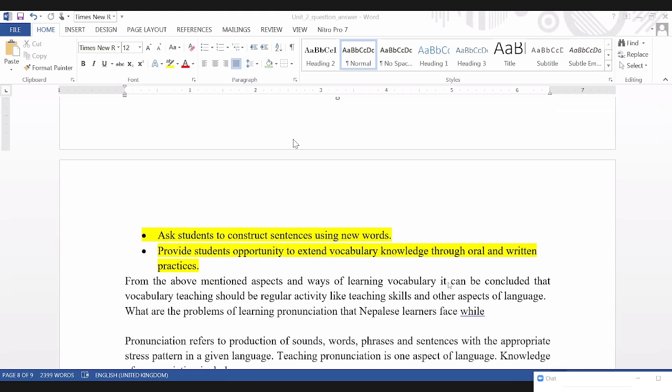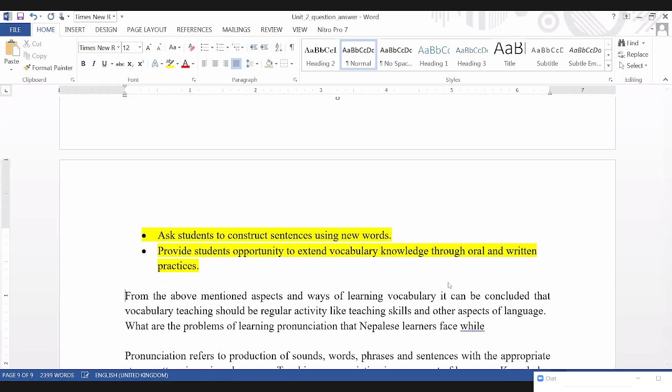Give example means, for example, let's say the word further is taught. We can use this word in a sentence. Further is what?